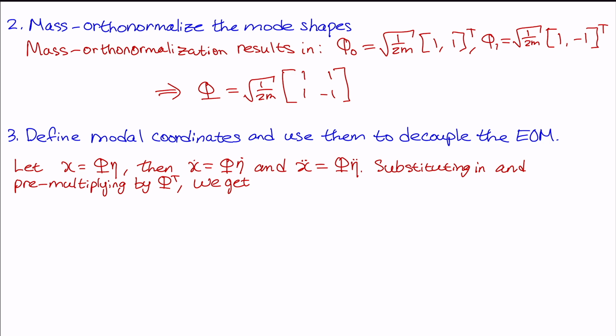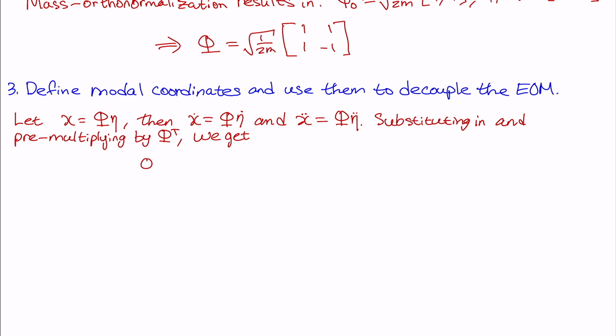We'll then substitute this into the original equation of motion, m x double dot plus k x, and then pre-multiply by phi transpose, and we'll end up with phi transpose m phi eta double dot plus phi transpose k phi eta equal to 0. We do the mass orthonormalization such that this first quantity becomes an identity matrix, and the second quantity becomes a diagonal matrix of the natural frequencies squared.